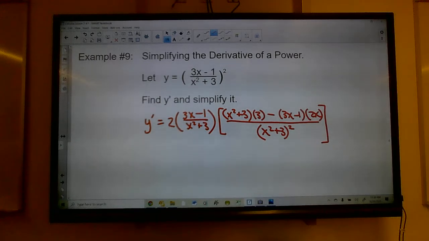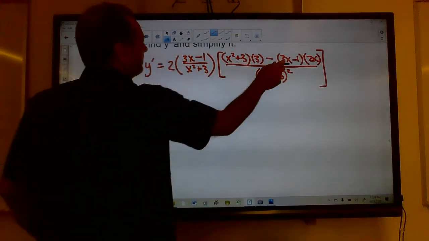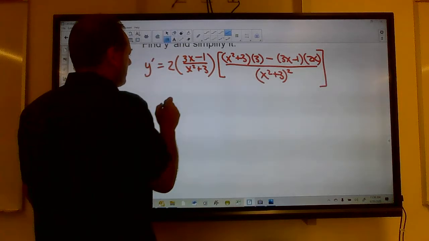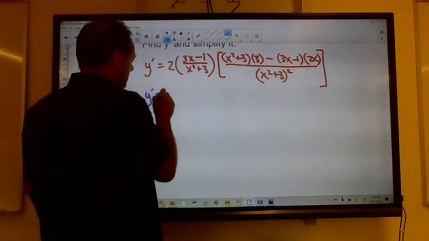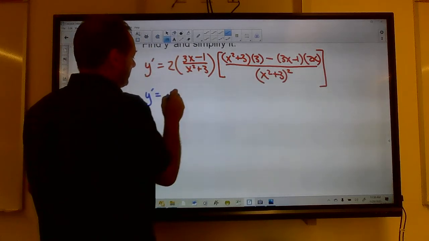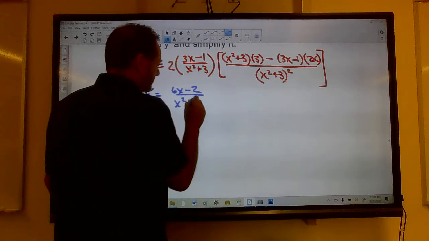Okay. Now I got a lot of simplification to do. So let's start with this stuff over here. It doesn't look like the algebra is too difficult over here. We'll just do this a step at a time. I could take this 2 and multiply it in here, so that'd be 6x minus 2 over x squared plus 3.